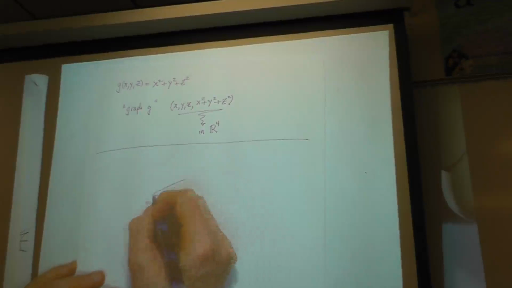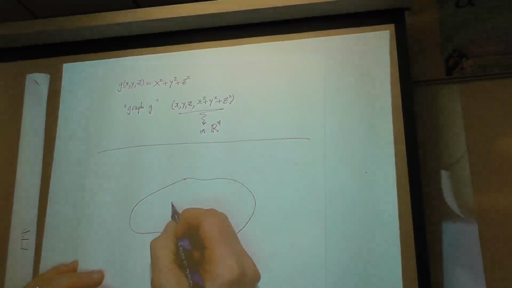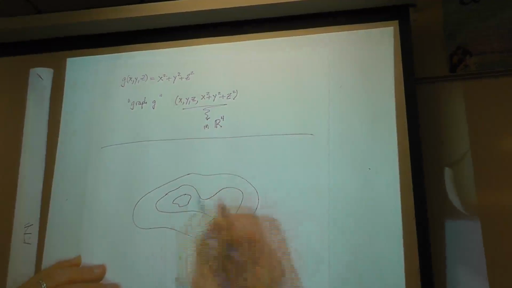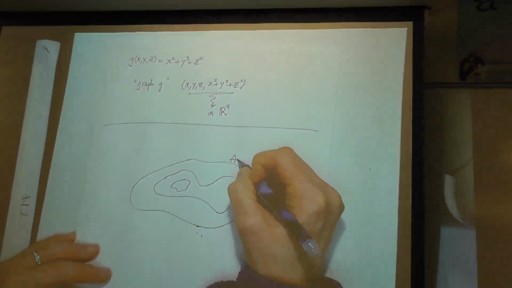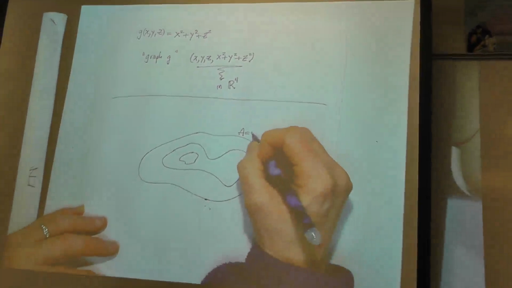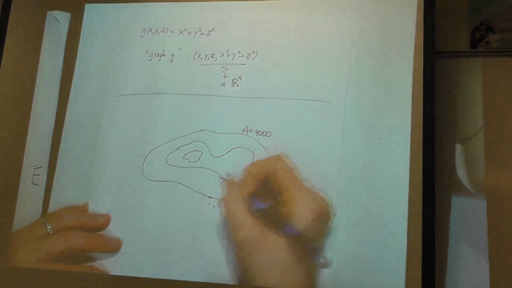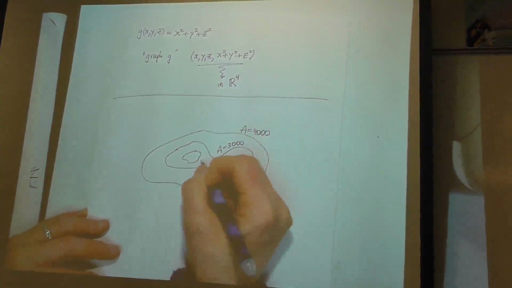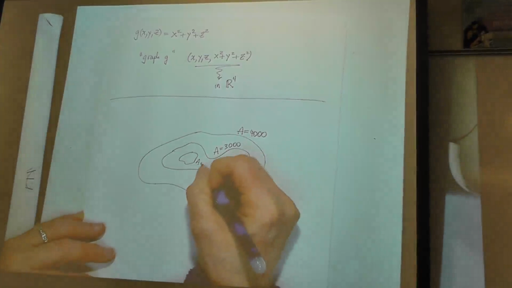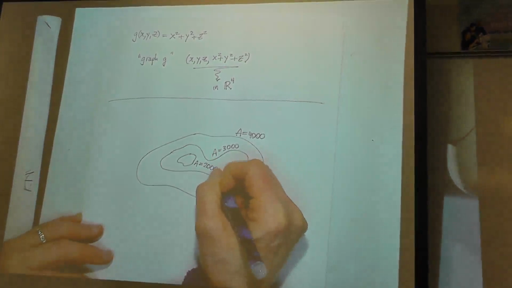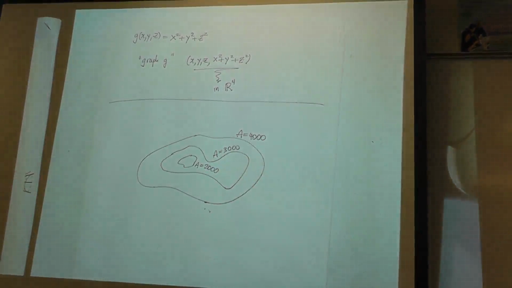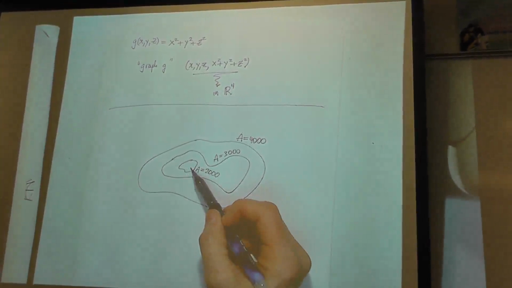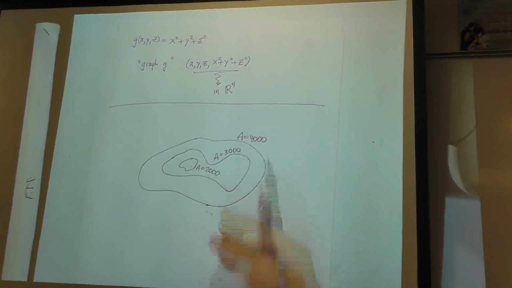And so if I had a map like this, and if I was looking at altitude, and everywhere along this curve the altitude was 4,000 feet, and everywhere along this curve it's 3,000, and everywhere along this inside guy it is 2,000. You would be able to tell me, is this in here a valley or a hill? It's a valley. It's a valley, and you guys all know that.